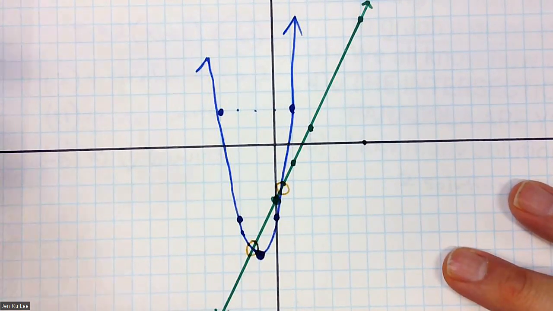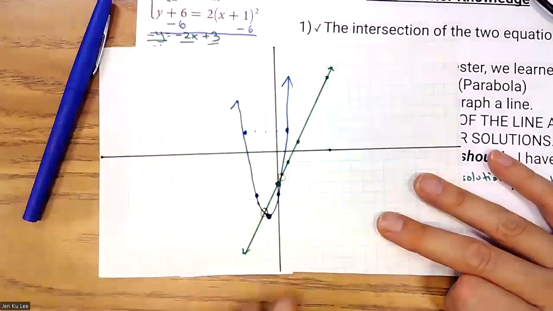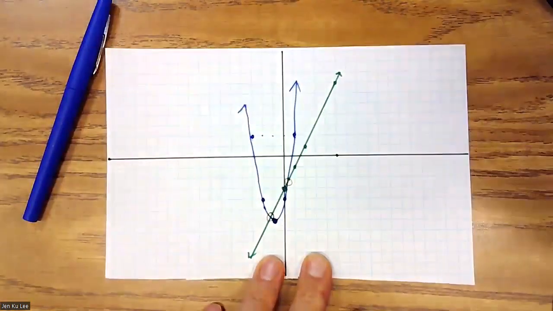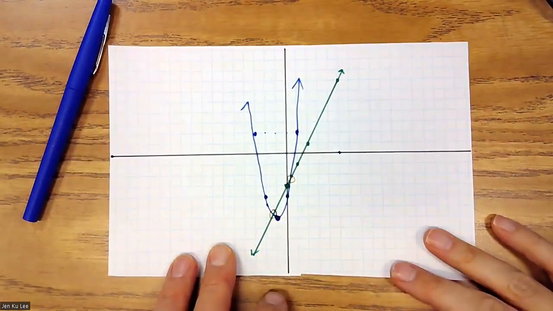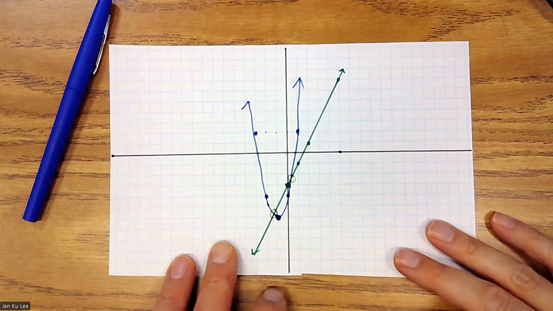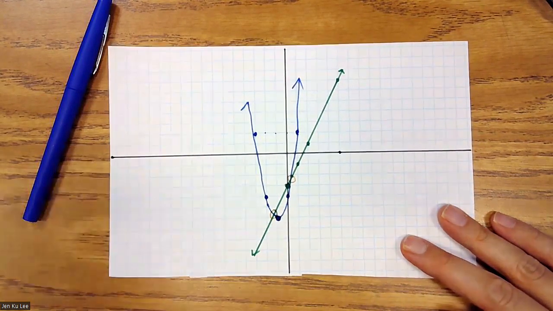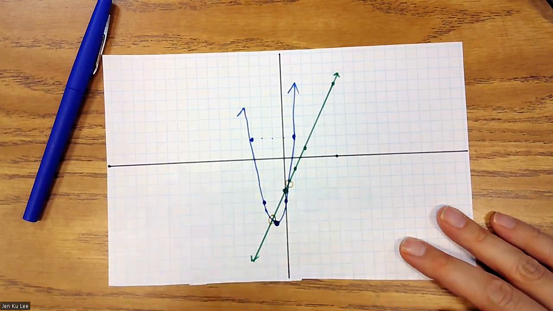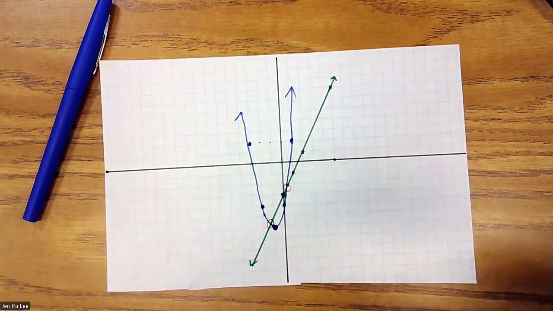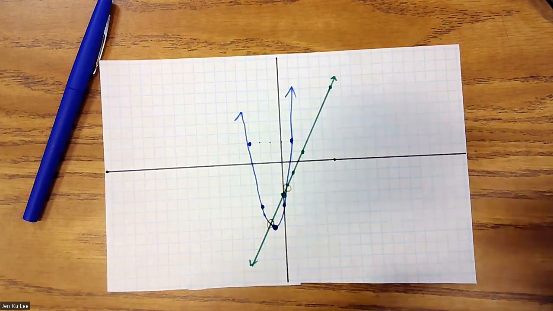Okay? But now if you take a step back, and look at the graph itself, that's not going to be as accurate as you can be, right? Because you are drawing it. You can put it in the program, Desmos, and see what your actual answers are.